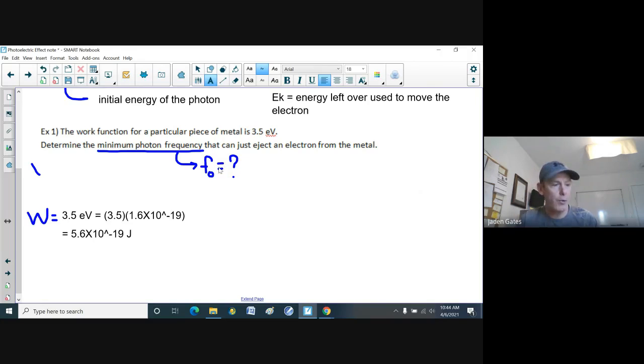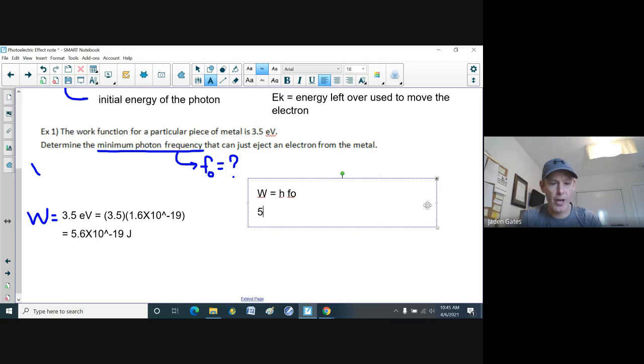So what would the frequency have to be? Well, this is where I'm going to use my formula that we had initially. The work function, again, is the energy required to remove an electron from this type of metal. Now it's h, which is our constant, times f naught.